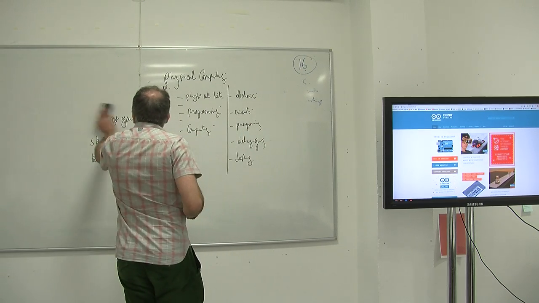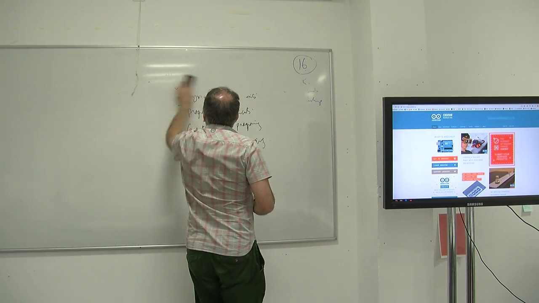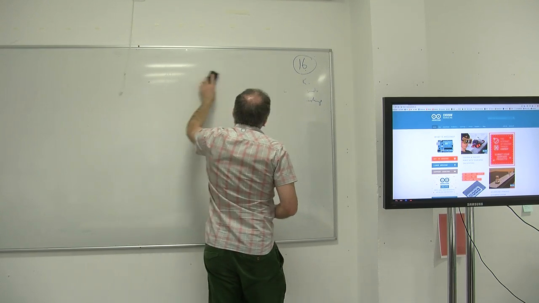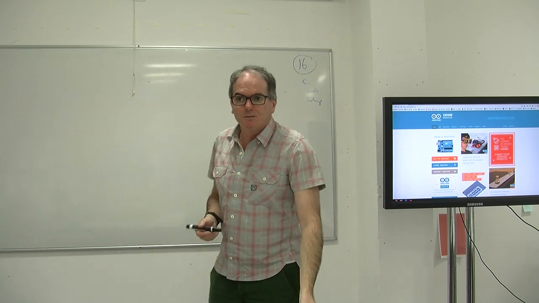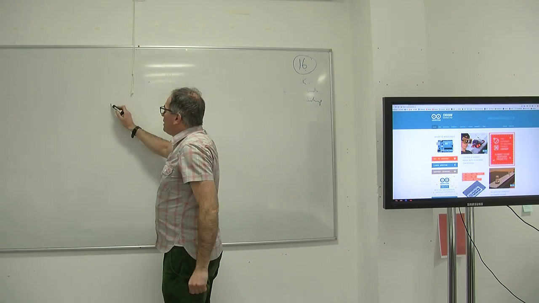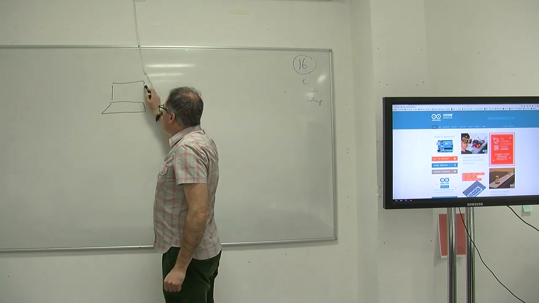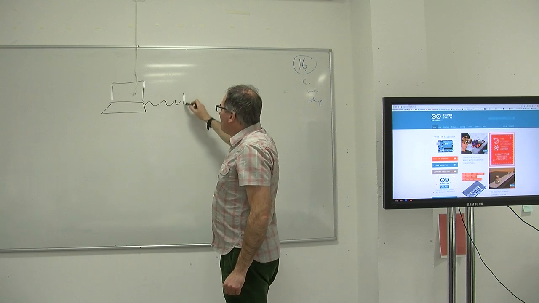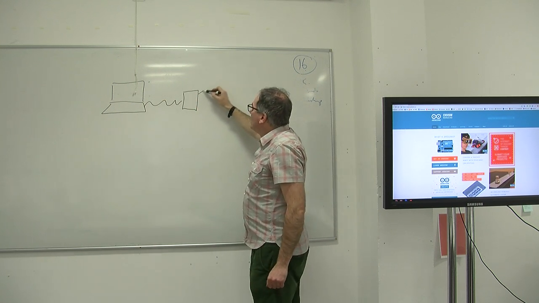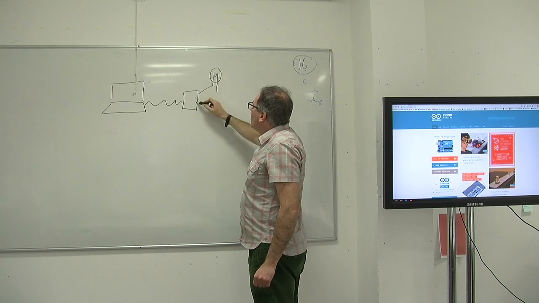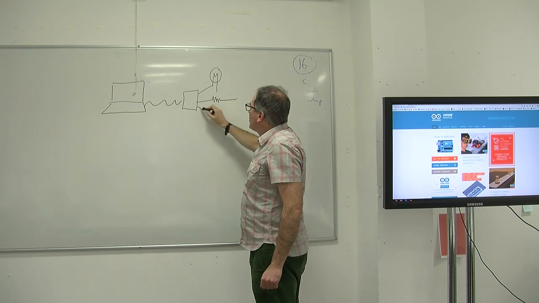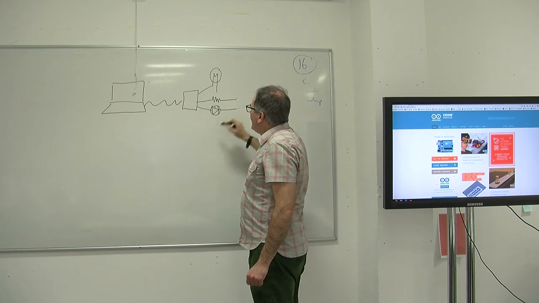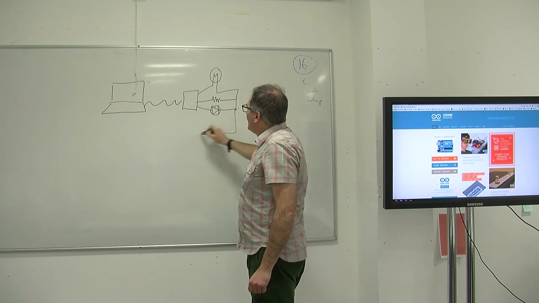So to do that, at the practical level, this is how we're going to do it. We're going to have a computer, a USB cable, an Arduino board, and all sorts of electronic components attached to the Arduino board.